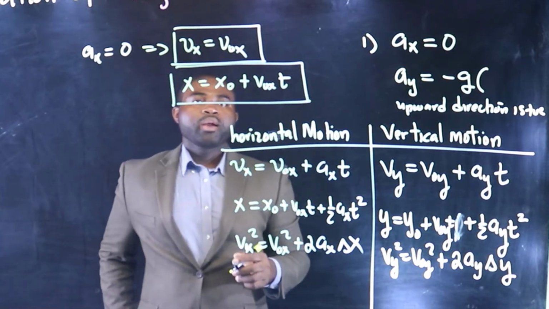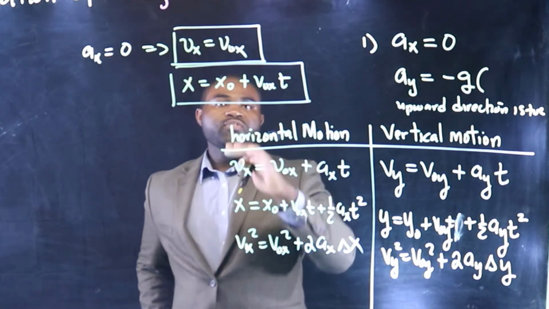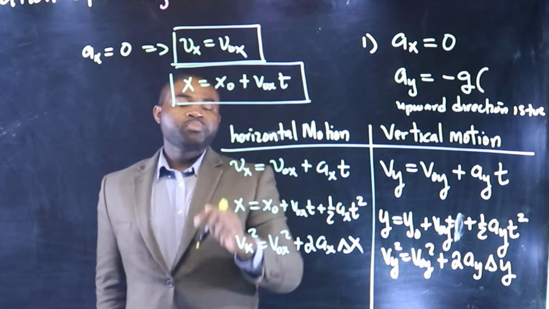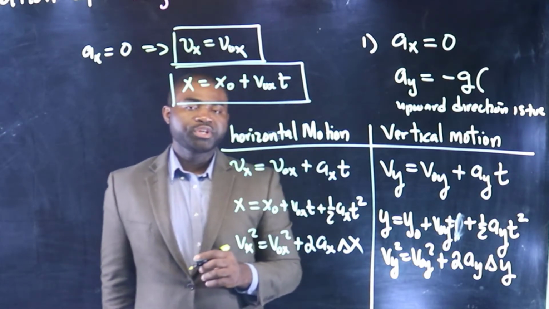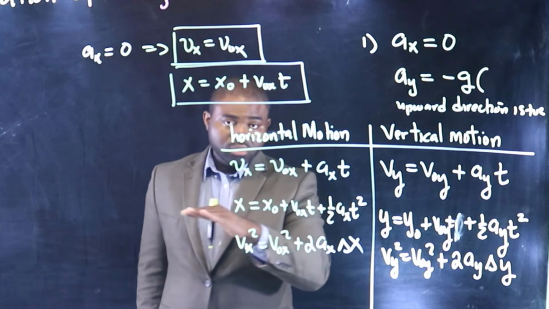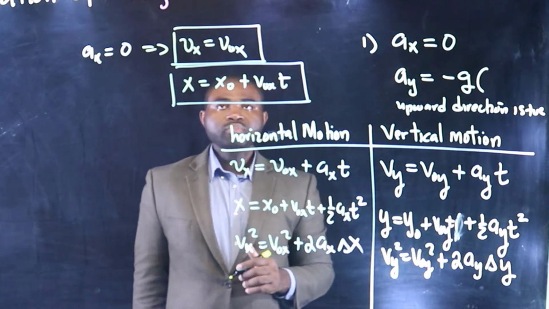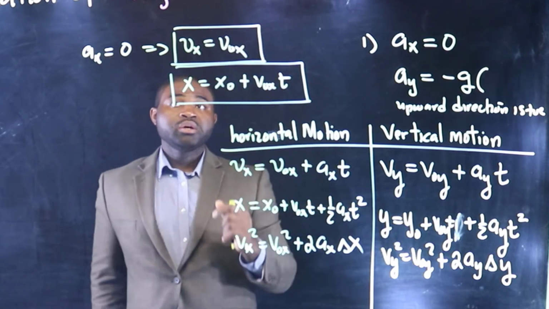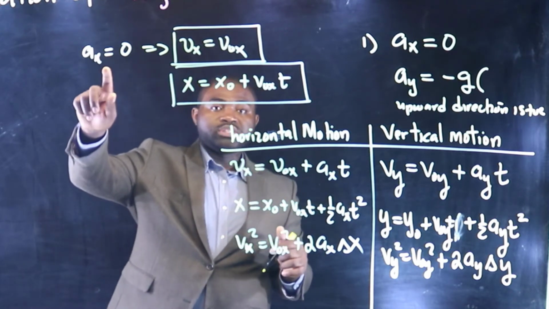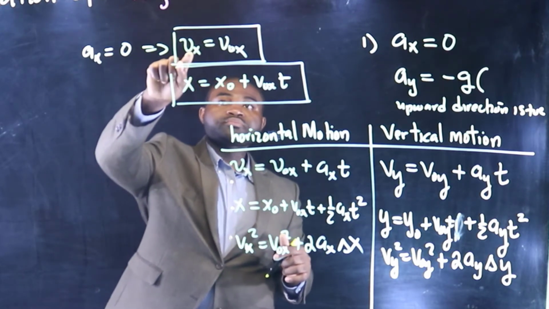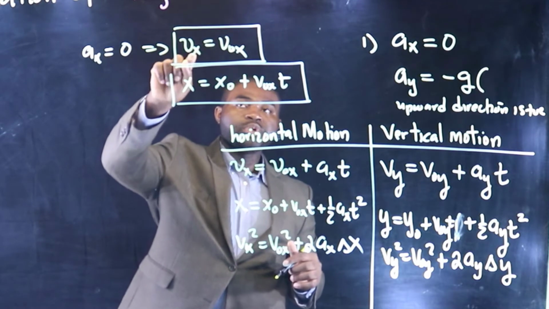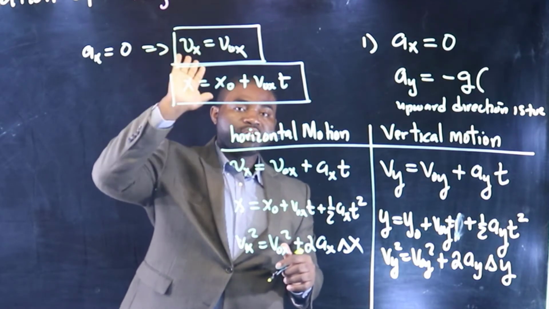So this is the equation that defines the position of the object, that shows how it changes with time along the X direction. As you can clearly see, because the acceleration is 0 in the x direction, the speed and the velocity remain constant.